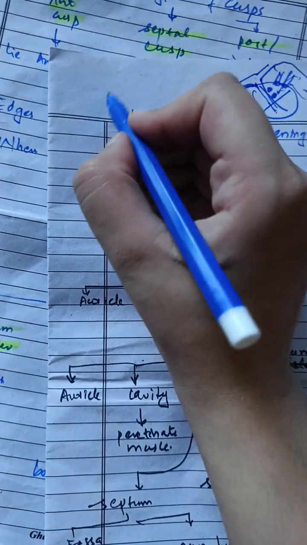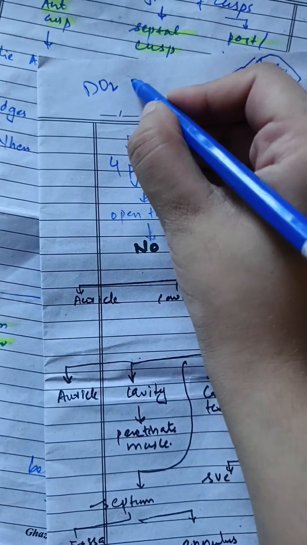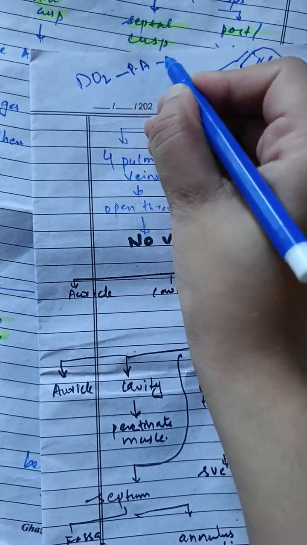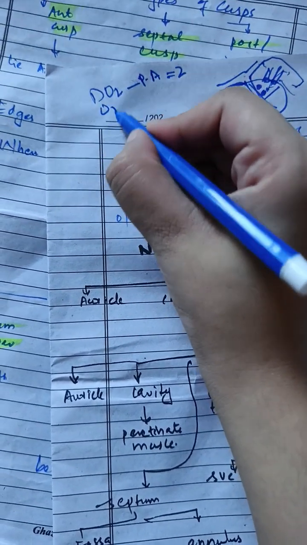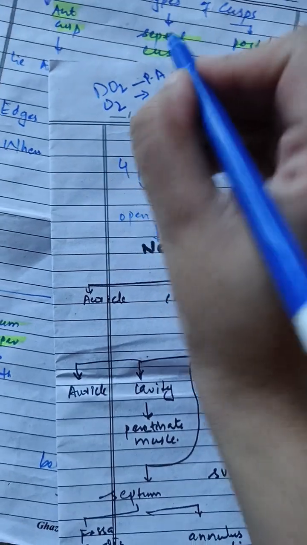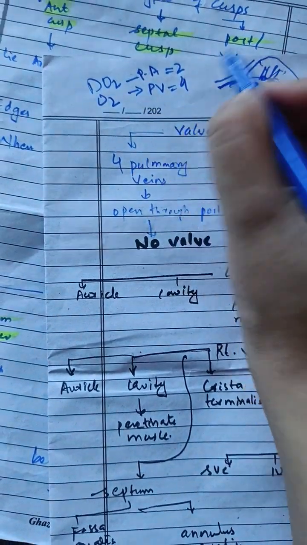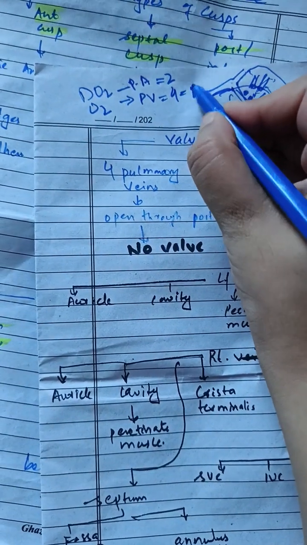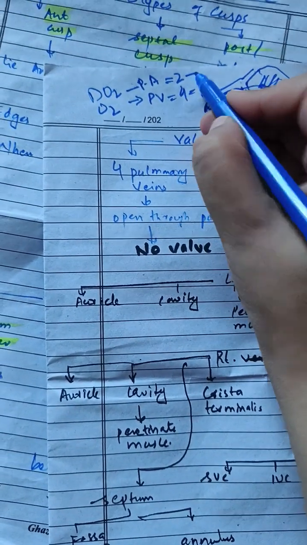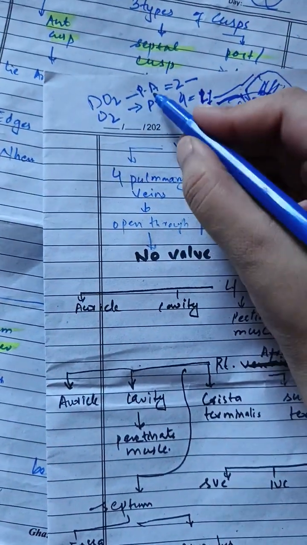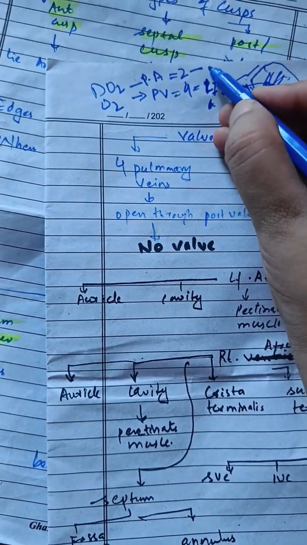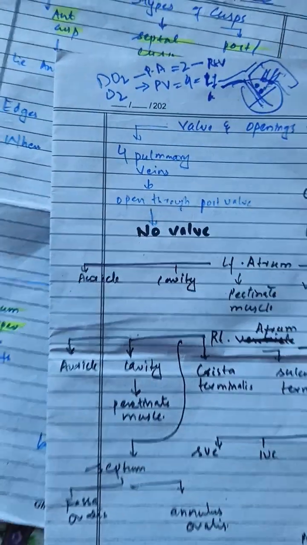So the deoxygenated blood to the lungs is carried by the pulmonary arteries, which are two in number, while the oxygenated blood from the lungs is carried to the heart by the pulmonary veins, which are four in number, and these open in the left atrium, while the pulmonary arteries come out from the right ventricle.